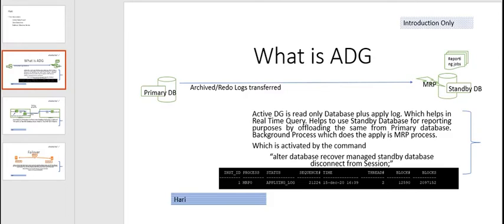For example, if there is 2 hours of lag, it means the reporting job would give us data 2 hours old. So real-time query should give the same data which is there on the primary also on standby. So if there is no lag, real-time query gives that.